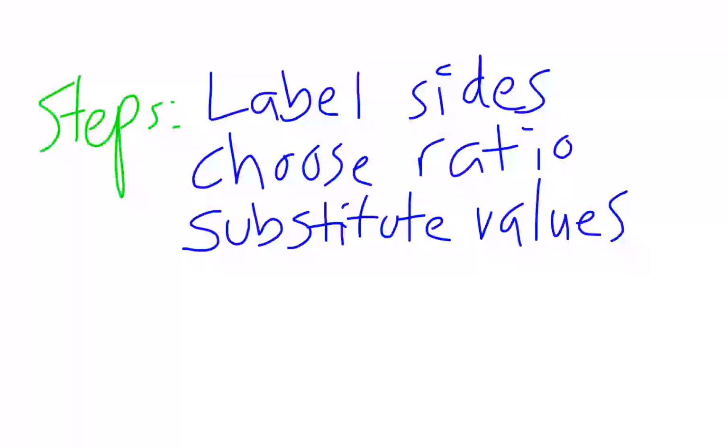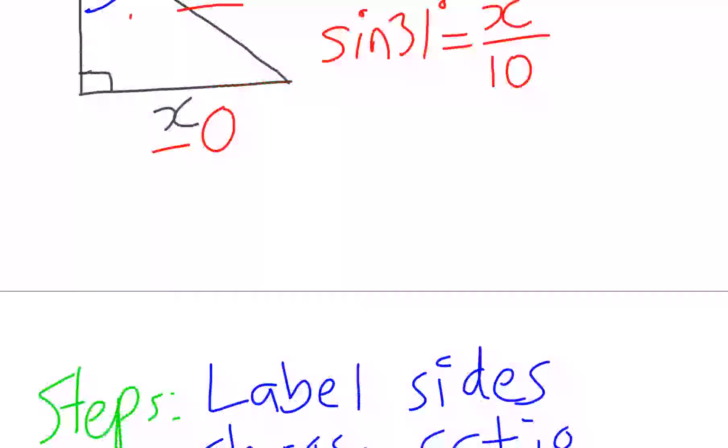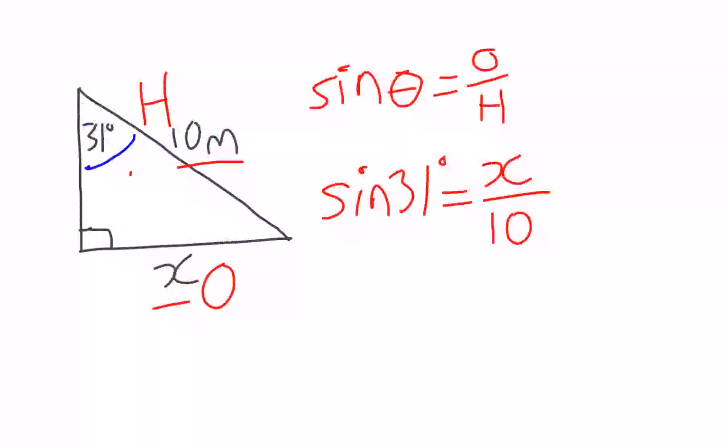And my next step in all of these is just going to be to solve the equation that we've got from substituting in the values. If you look at that, sine of 31 degrees equals x over 10. I want x on its own. I've got divided by 10.